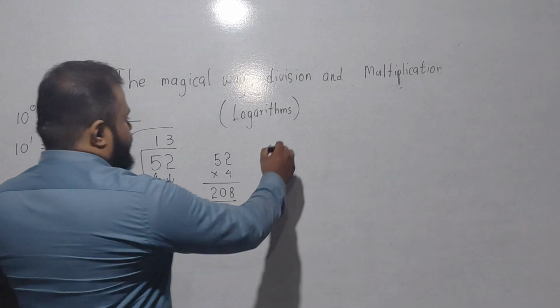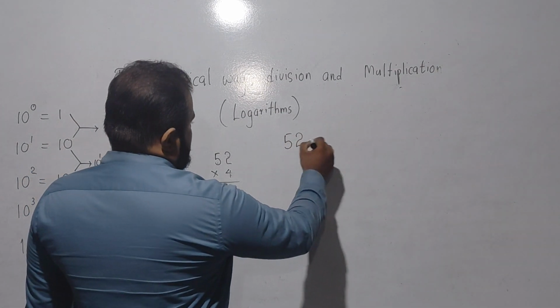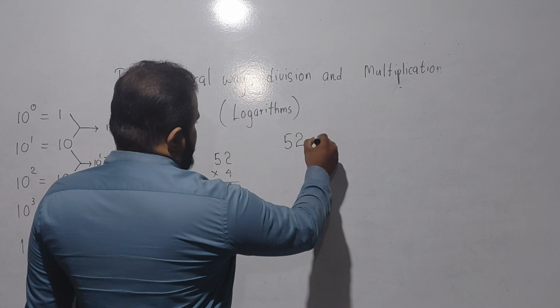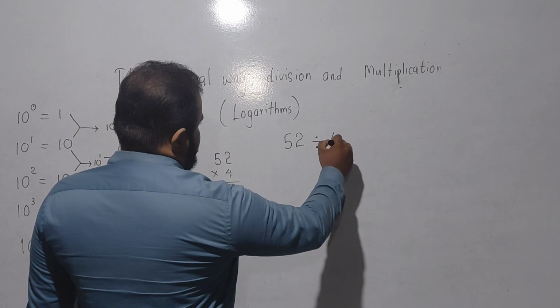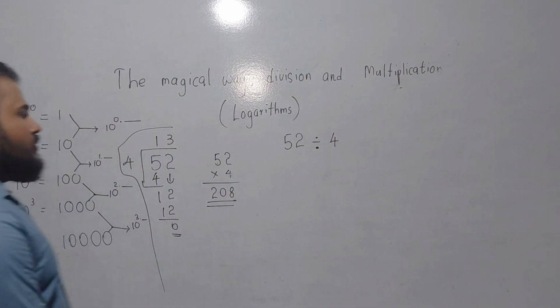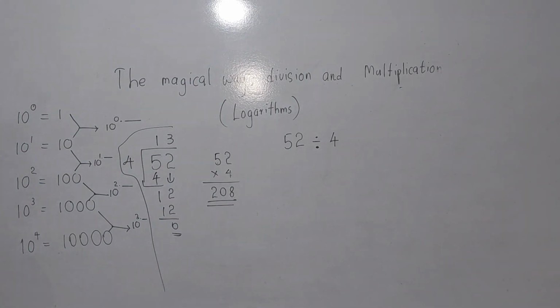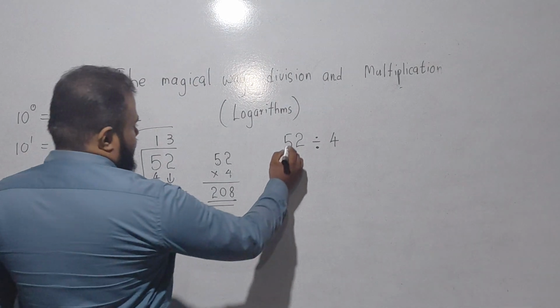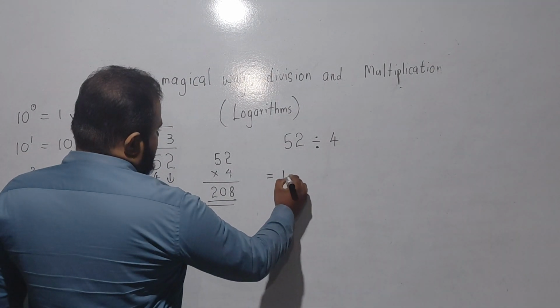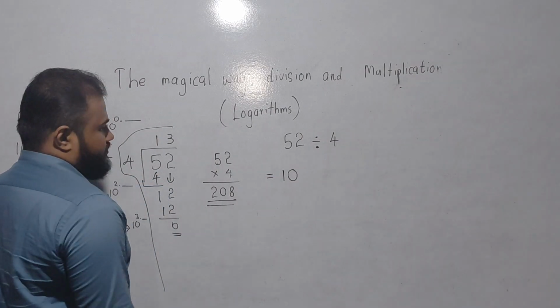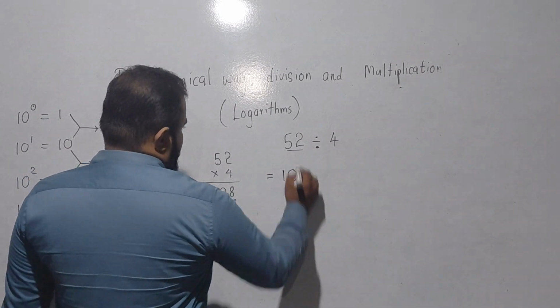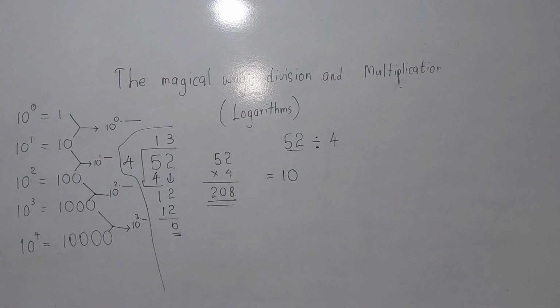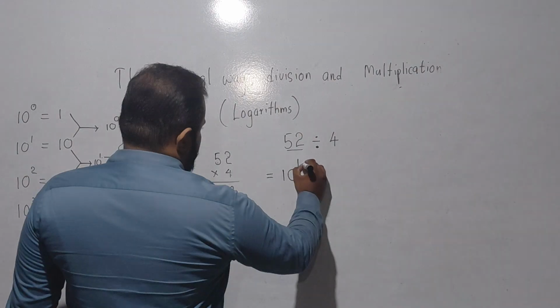First we take 52 divided by 4. This 52 can be written as 10 to the power what point? 52 is greater than 10, less than 100. So 1 point something. 10 to the power 1 point.